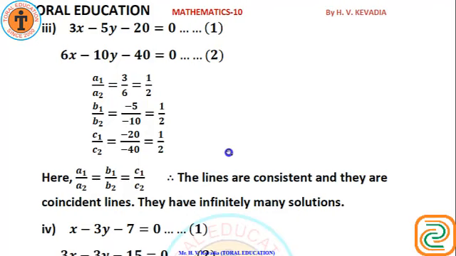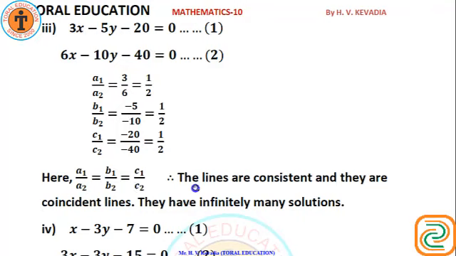Third part of question number 1. 3x minus 5y minus 20 equals 0, and 6x minus 10y minus 40 equals 0. Here a1 upon a2 is 3 upon 6, that is 1 upon 2, b1 upon b2 is minus 5 upon minus 10, equals 1 upon 2, c1 upon c2 equals minus 20 upon minus 40, equals 1 upon 2.